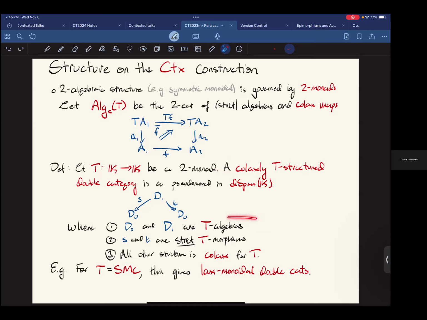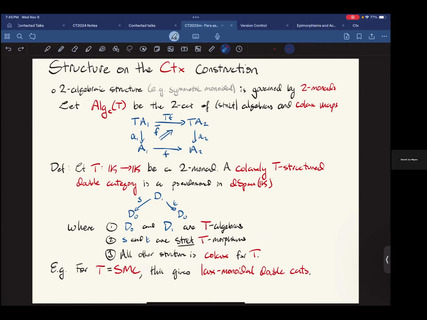For which both of the structure things are T algebras. So D naught, D1 are T algebras. S and T are strict T morphisms. So that's the same thing as a colax T morphism, but the colaxity is an identity. But all the other structure, so that's the composition, the unit, and all the coherences, they're all colax morphisms for T.